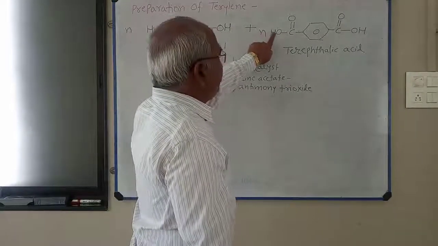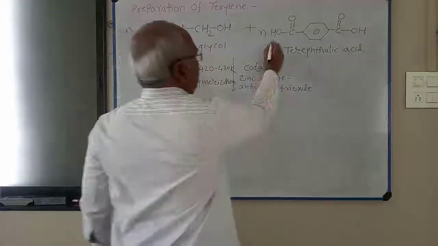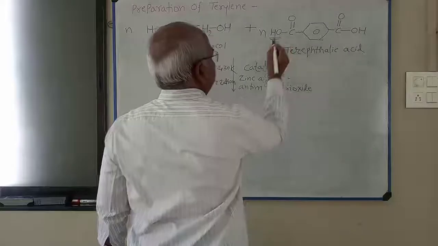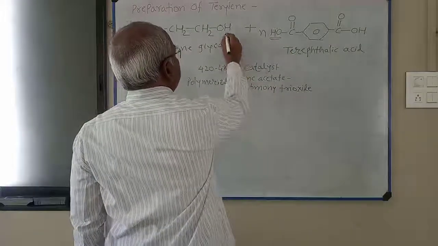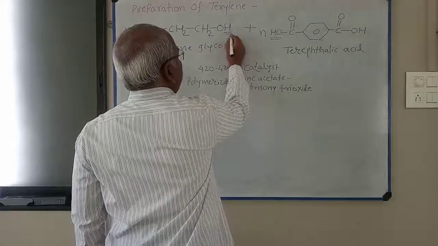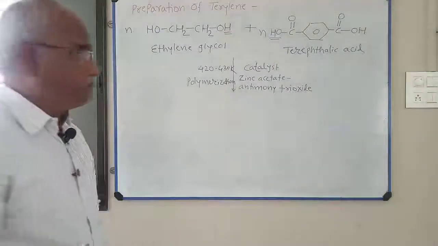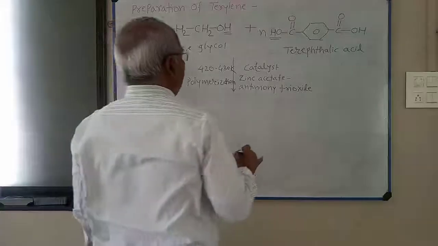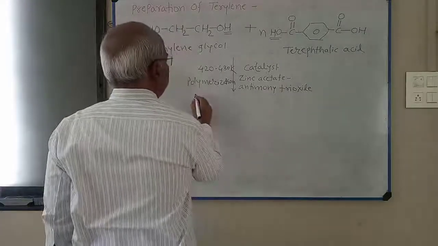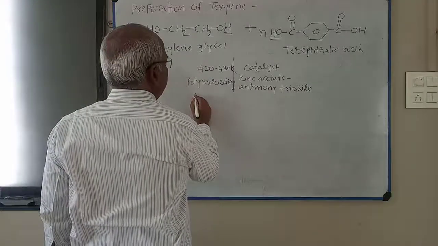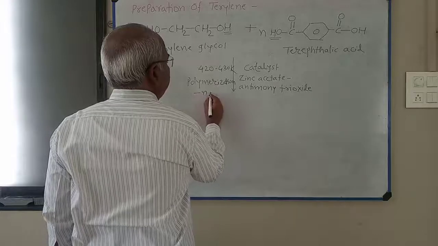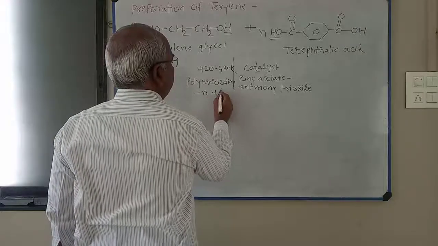OH group of acid combines with hydrogen of glycol, and water molecule is eliminated. So I write here minus N times H2O.